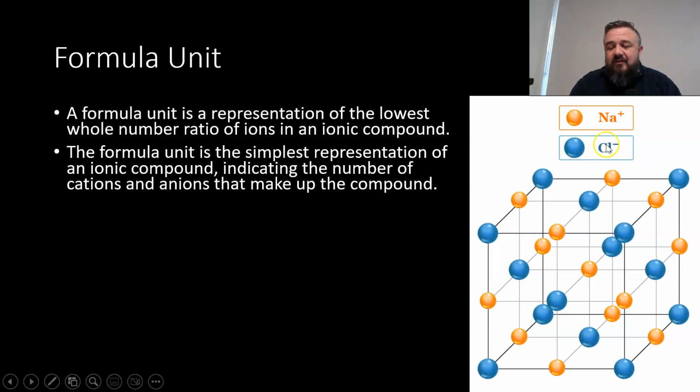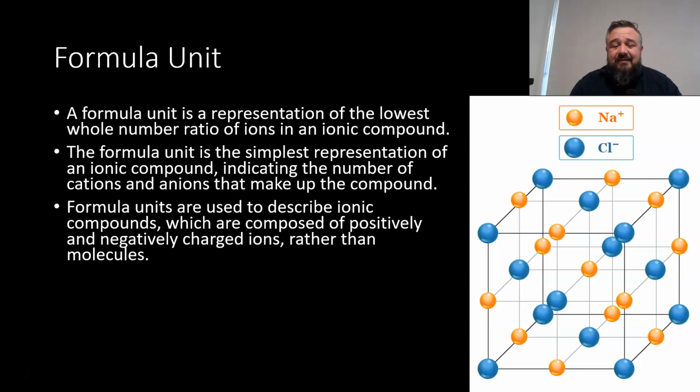The sodium chloride in this ionic compound will have millions of chlorides, millions of sodiums in a recurring lattice. This means it's a 3D structure that just repeats over and over, right? So we use a formula unit to describe the lowest simple ratio of that.